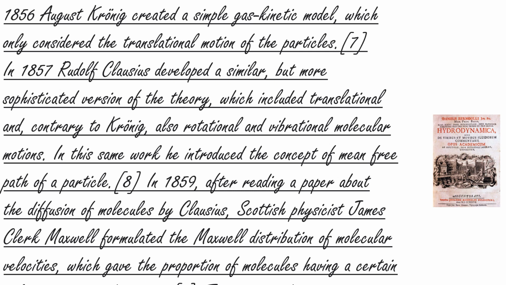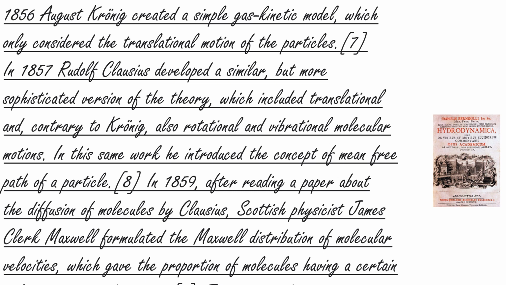In the same work, he introduced the concept of the mean free path of particles, which is also part of the kinetic molecular theory. As I told you, the kinetic molecular theory is a combination of different theories. That's why I'm telling you all the history, because most of the points are taken from these histories. Here I can highlight the theories.